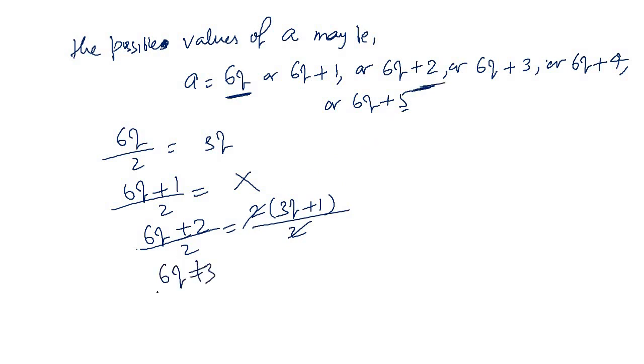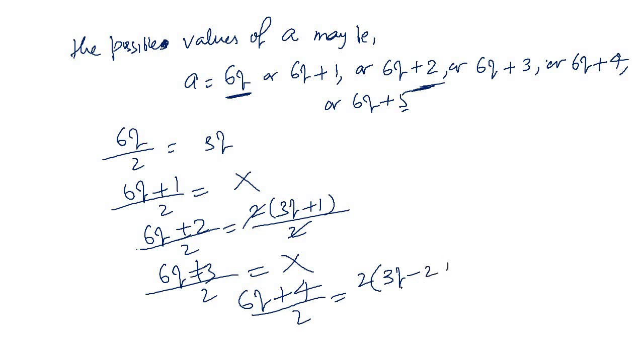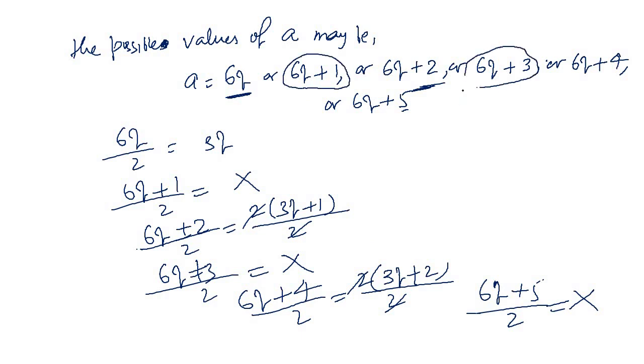Now if we divide this number by 2, this will not result in a whole value, and if we divide this by 2, you get some value, and if we divide this number, we will not get a whole number. So now you see that among these values, these three values are the odd values, and the remaining values are the even values.